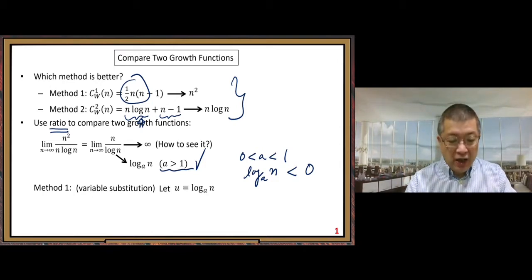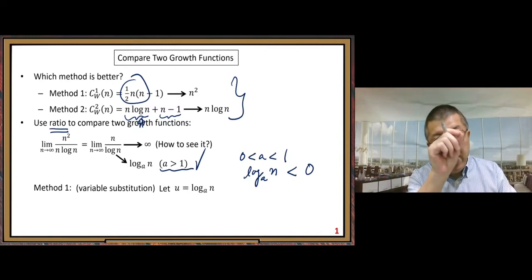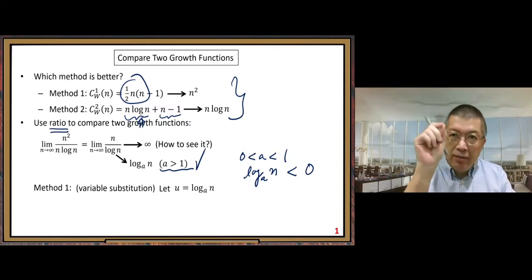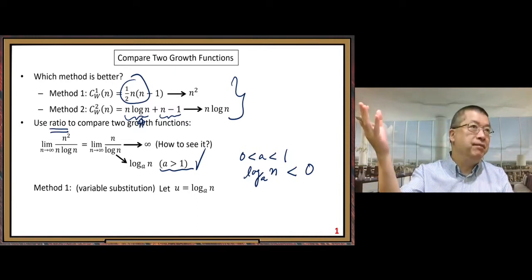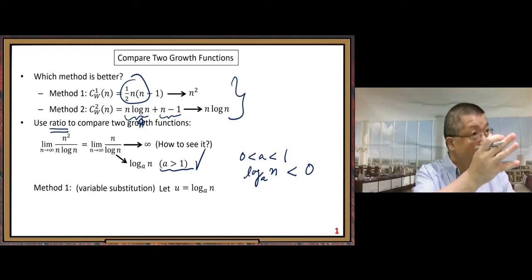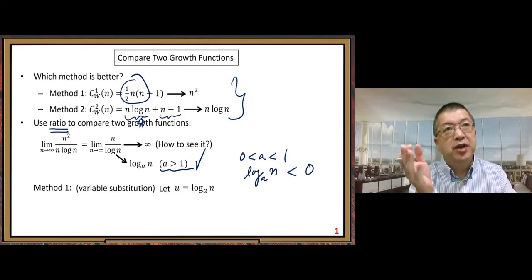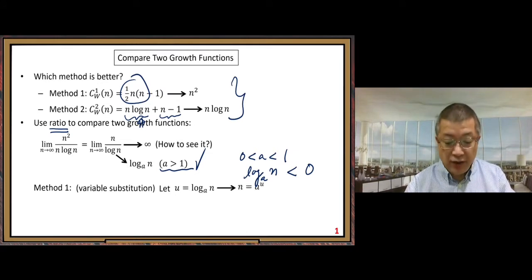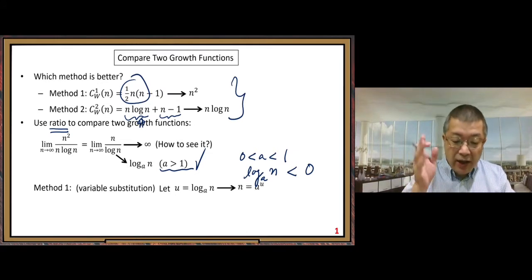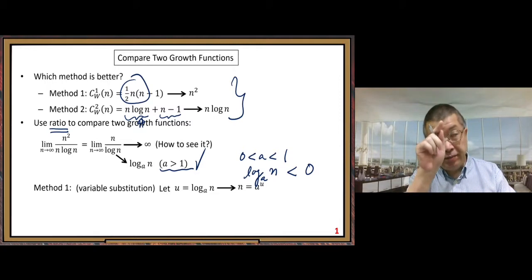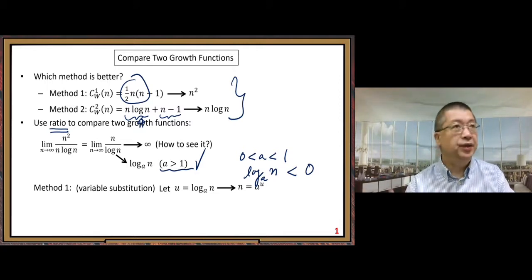We let another variable u equal log base a of n. Okay, u is the new variable that equals this whole log function. After that, based on the definition of the log function, we can write n equals a to the u power.